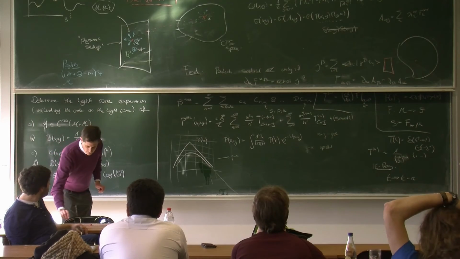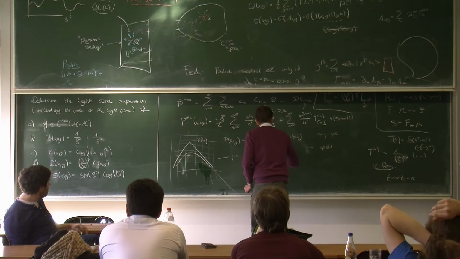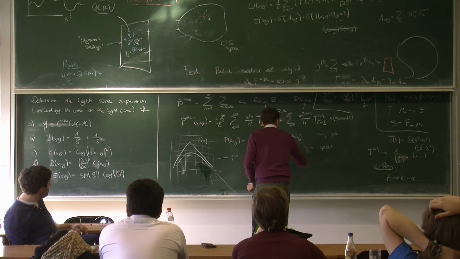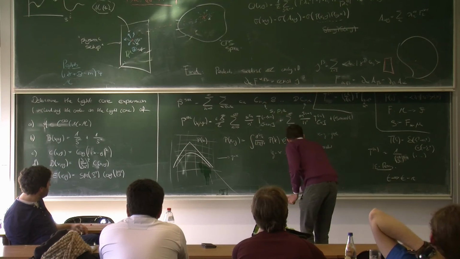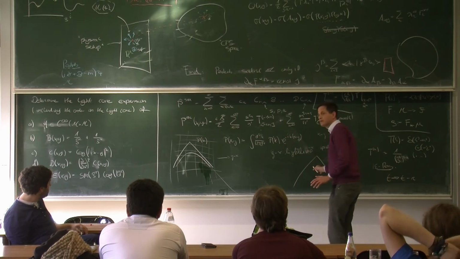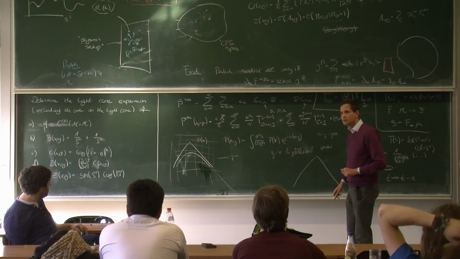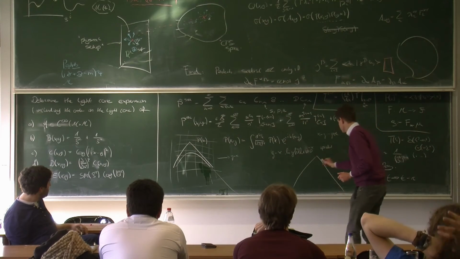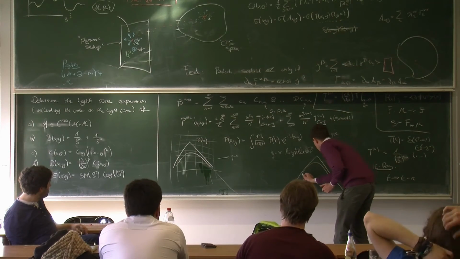Now the situation is different if y minus x is light-like. Let's look at how it looks in this case. This is not just a qualitative argument, this is in fact how the proof works in the continuum. We have this P of k like this.